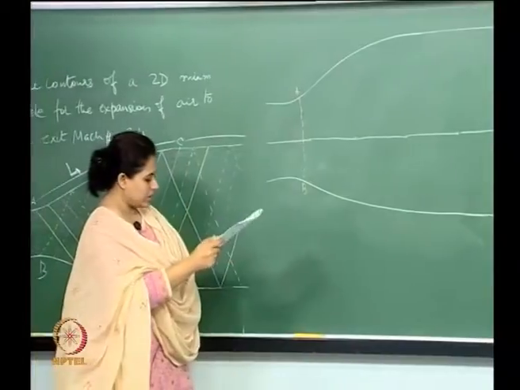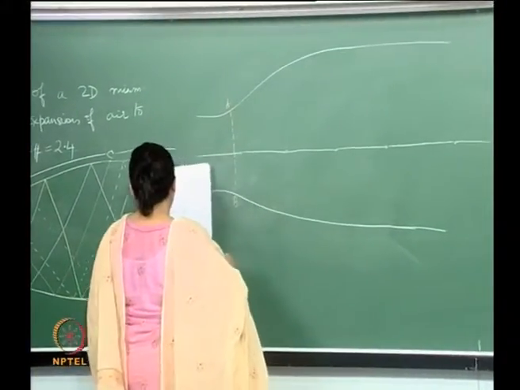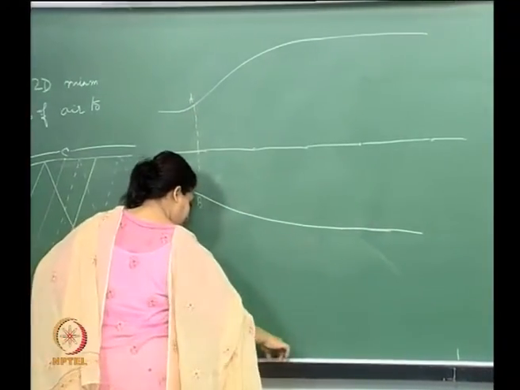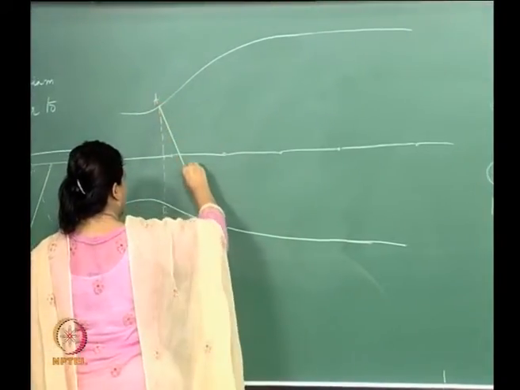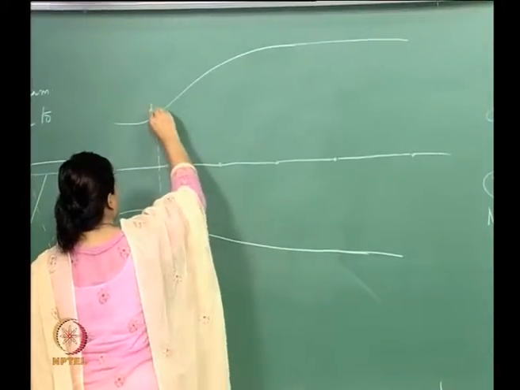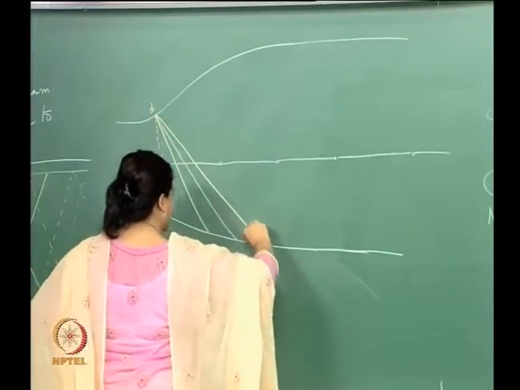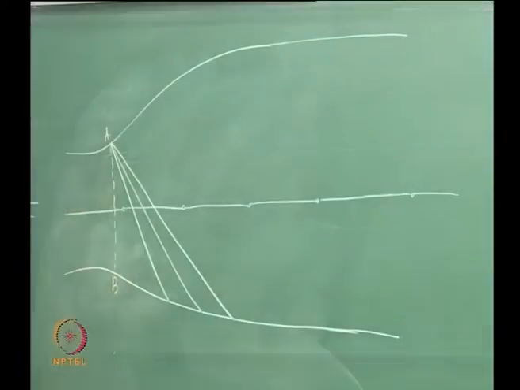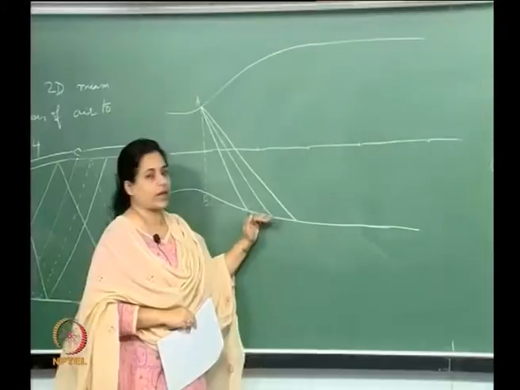So, essentially this is the wall, right. So, let us write it like this. Okay. So, I have basically an expansion fan. Now, what is going to happen here is that this is not going to reflect.